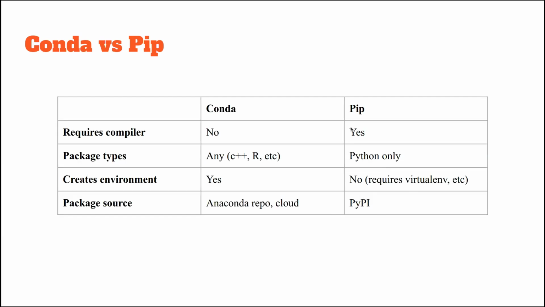Often what happens is that if we install some package before and then some other package later, there might be conflicts among them. That dependency conflict Conda also manages by itself. Apart from that, Conda has not only Python packages, it comes with C++, R, and different packages also. And Conda can create environments by itself. Pip cannot.